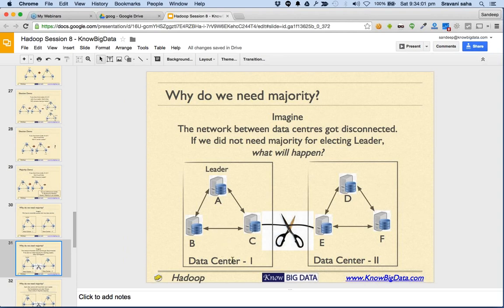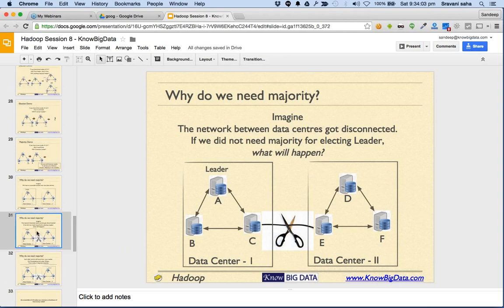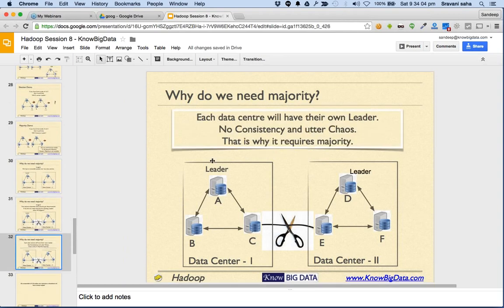Data center 1 and data center 2 will both have their separate leaders, right? Because D got some votes from this side, A got 2 votes, and this one got 2 votes, and everybody's happy. Let's choose D as the leader, and here A as the leader. So our network has been fragmented.